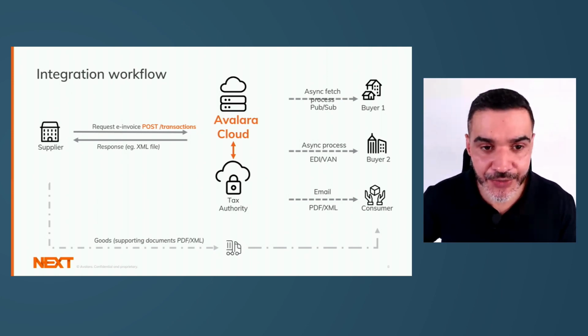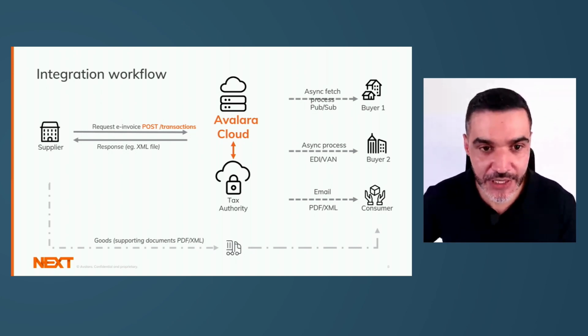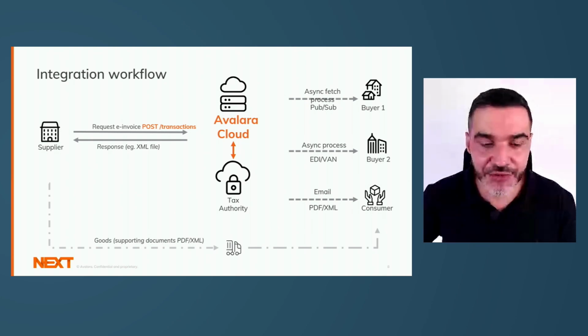Let's say buyer two has an async process through an EDI or VAN, a value-added network, to recover all those documents. Even an end-user consumer or a SOHO business without the support of complex systems can benefit from that, receiving the same information via an email with a PDF or an attached XML file. Okay?